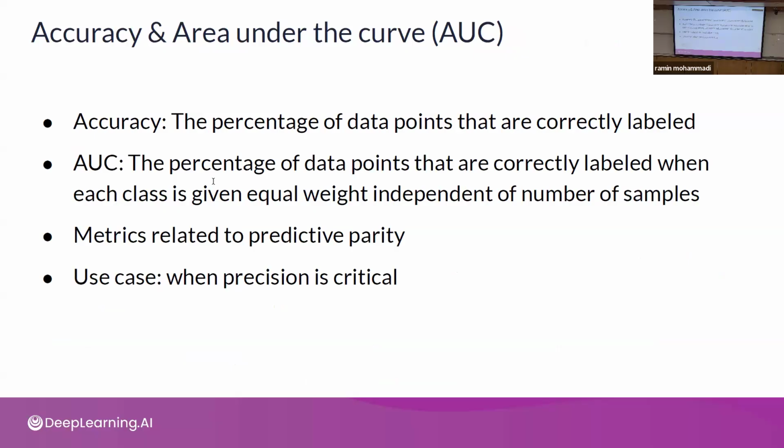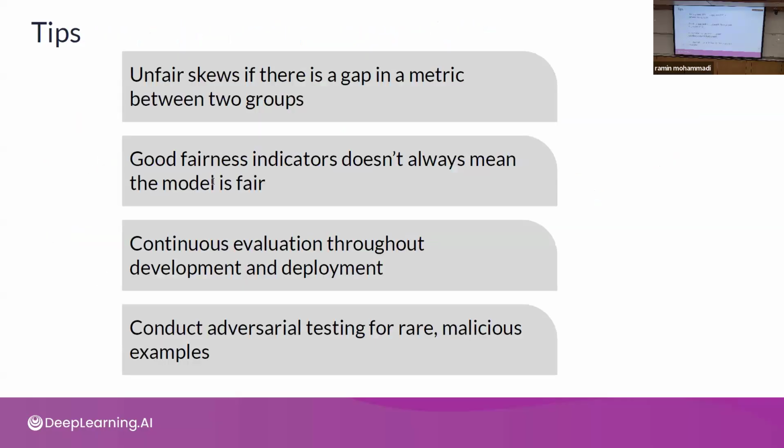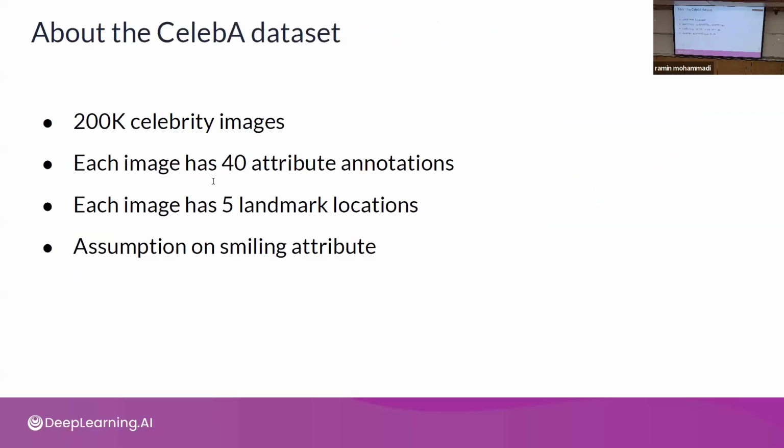That's a good example for that. Then, just be sure that when you do fairness, it's not a one-time test. It should be part of your evaluation and monitoring pipeline that you have.